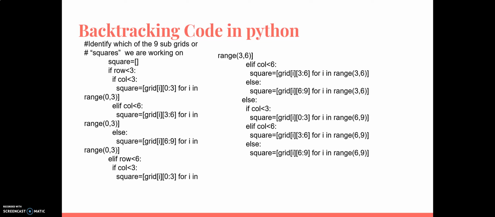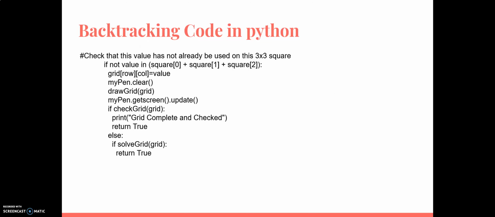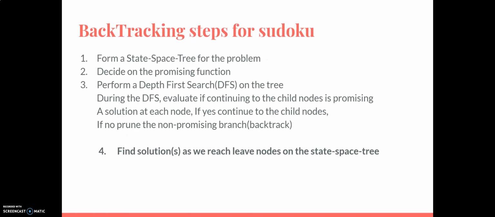That way we can check the constraint that the value we're using is not in that subgrid, which is this next piece of code, checking that that value is not in that 3x3 square. We'll continue to do this until we find all of the solutions, and then that'll give us our solution to our Sudoku puzzle.